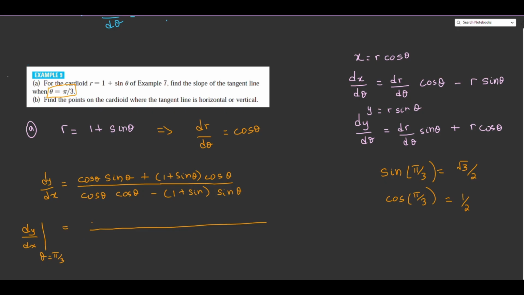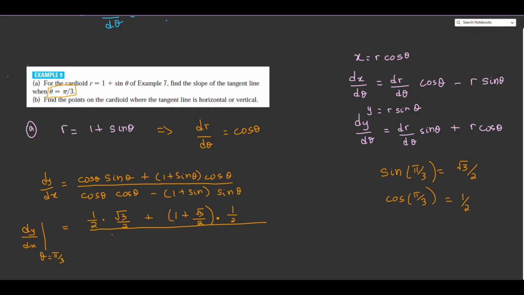It will become cosine pi by 3, which gives you 1 by 2, times square root of 3 by 2, plus 1 plus square root of 3 by 2 multiplied with 1 by 2. This is a product, okay.